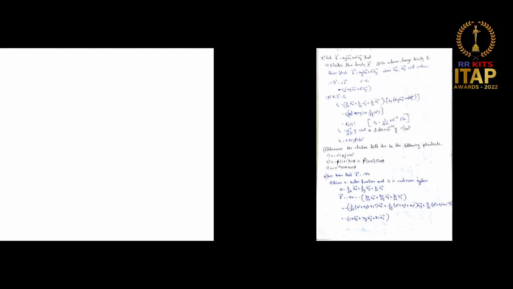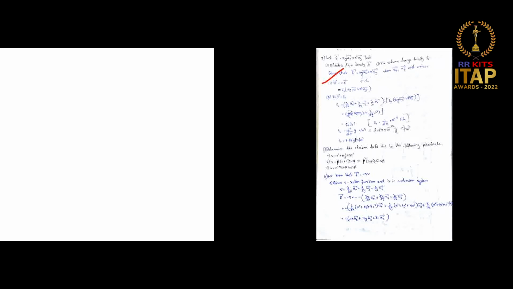So D bar is equal to epsilon naught into E bar, and in place of E bar we have xy ux bar plus x square uy bar. So epsilon naught into xy ux bar plus x square uy bar is the D bar. The first part is over.